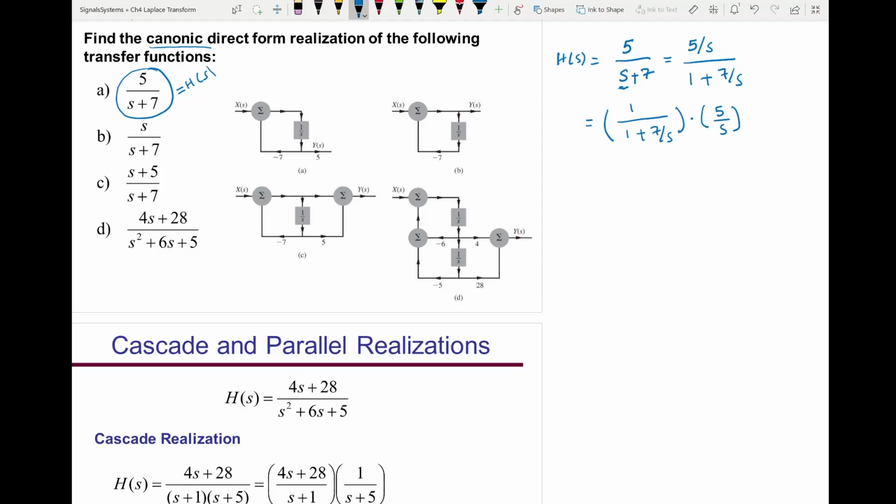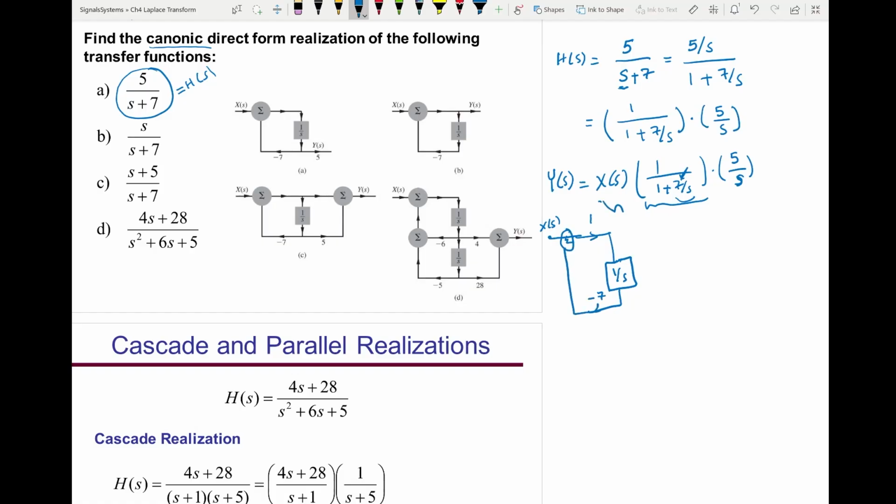So I can express these in terms of y of s and x of s as. So the node for the input x of s will be here. It will go to the subsystem, which is a negative feedback. So g of s here is just 1. Then it goes to an integrator. Then amplification of -7.